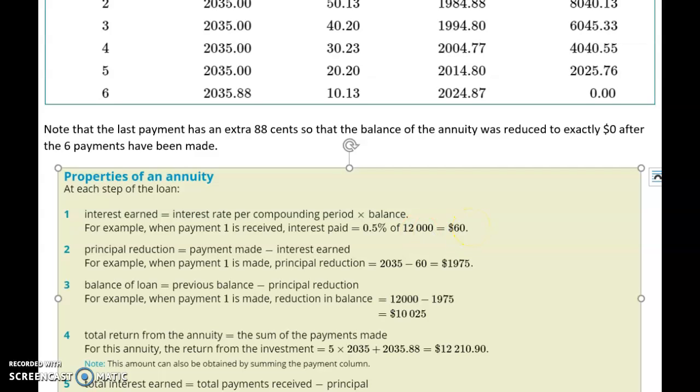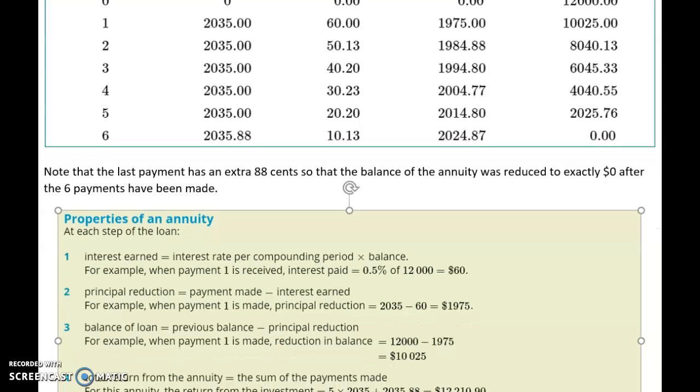And so that gets written a little higher up. You can see the $60 here. Then, because the balance gets reduced to $10,025, the next time you're getting 0.5% of that $10,000, and that's why this is $50.13 here. So the interest earned will gradually reduce over the lifetime of this investment.